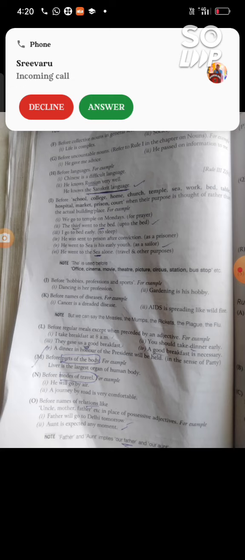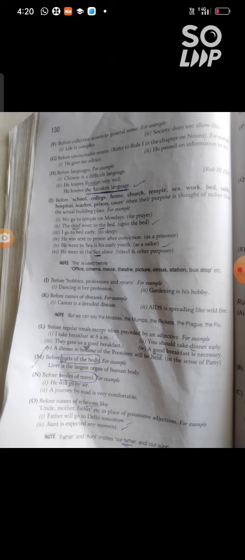He knows Sanskrit. We express it like that, but when we use the word language after Sanskrit, then the article is used: he knows the Sanskrit language. So, very important: before a language we don't use any articles.